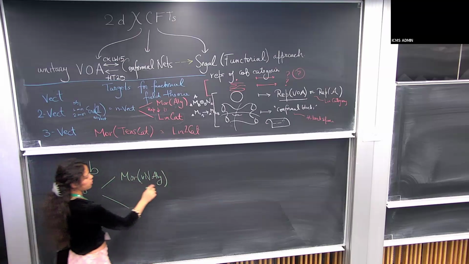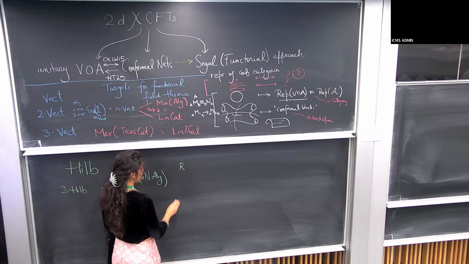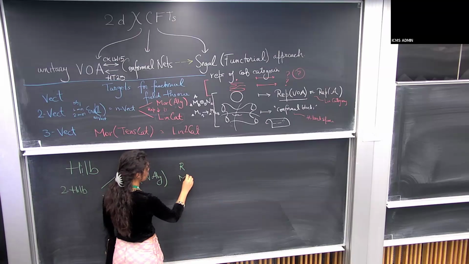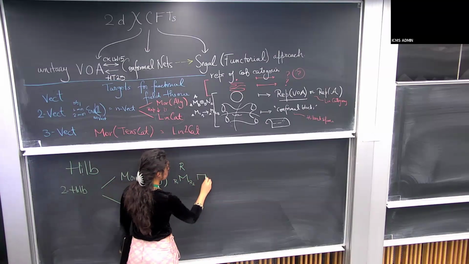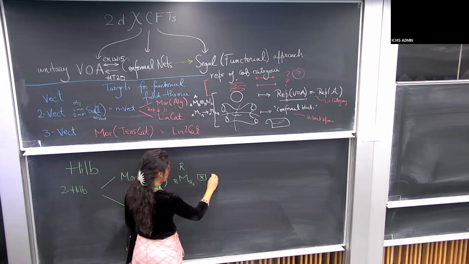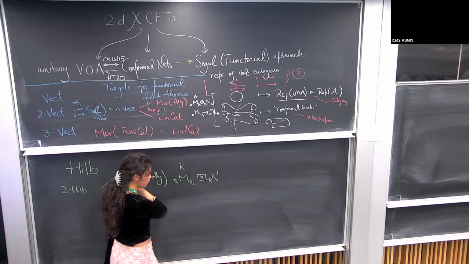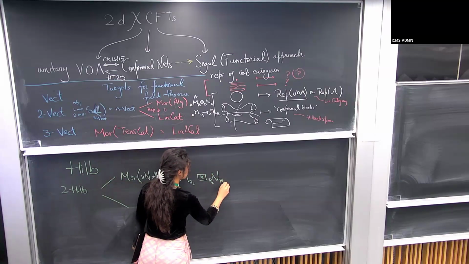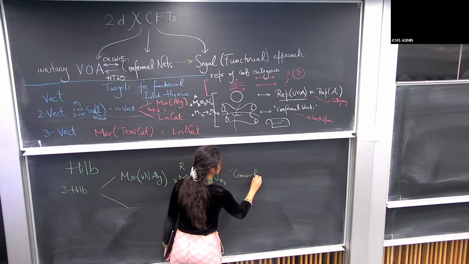So the objects are von Neumann algebras, let's say R, then the morphisms are von Neumann algebra bimodules, R1, R2, and the composition is now given by Connes fusion instead of just the tensor product of bimodules. So R2, R3, Connes fusion.